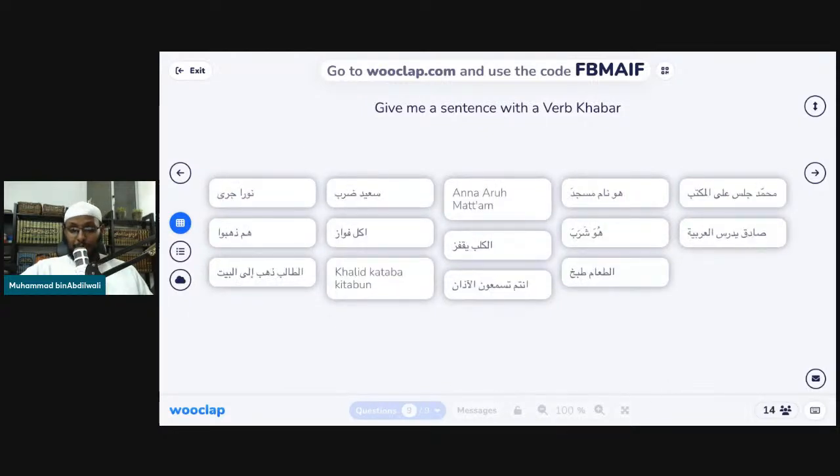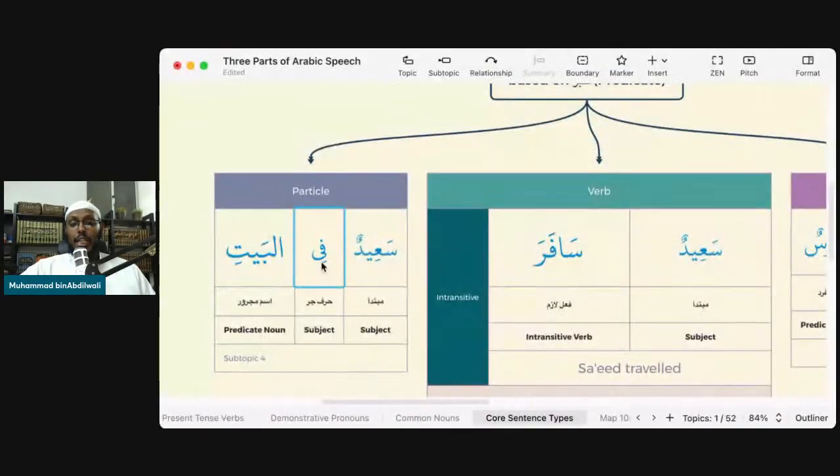Let's go to the final sentence structure, which is when we have a sentence with a noun followed by a particle. Now, this particle can't be any particle. It needs to be a prepositional particle, as in a particle that tells us where something is, such as fi, in.